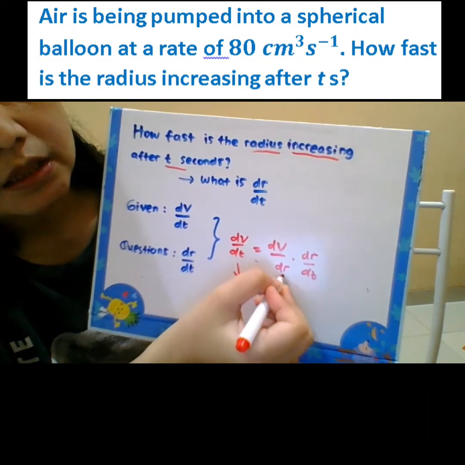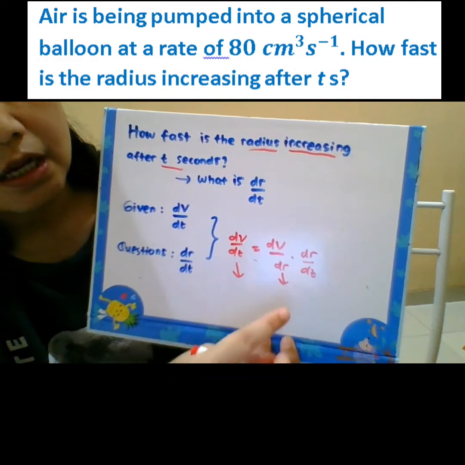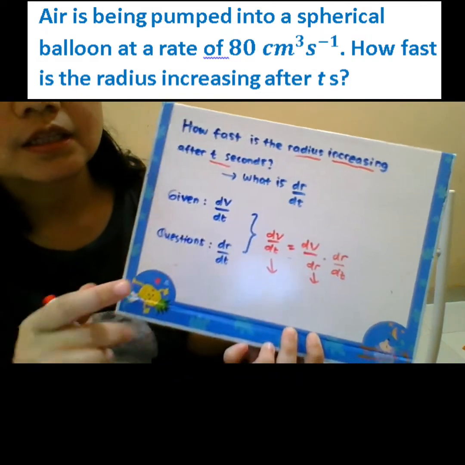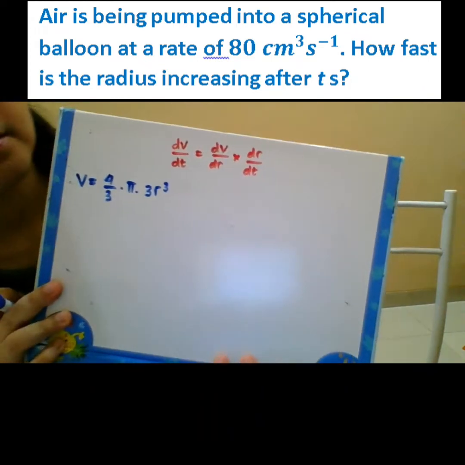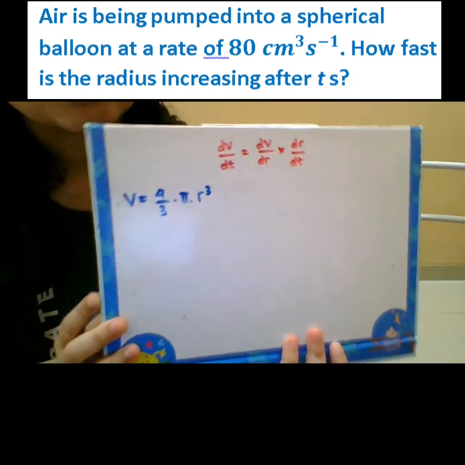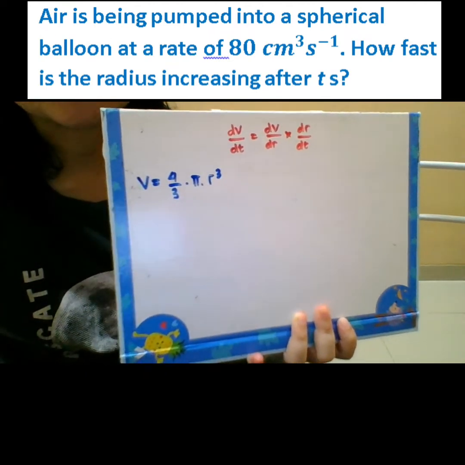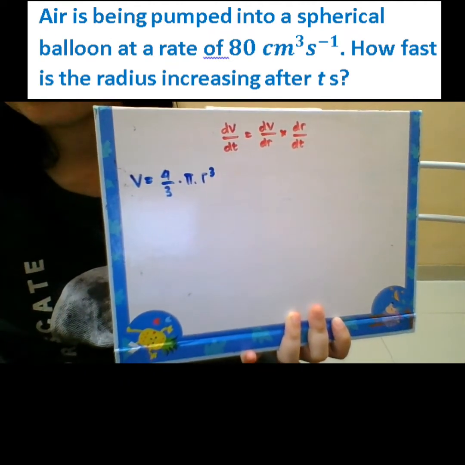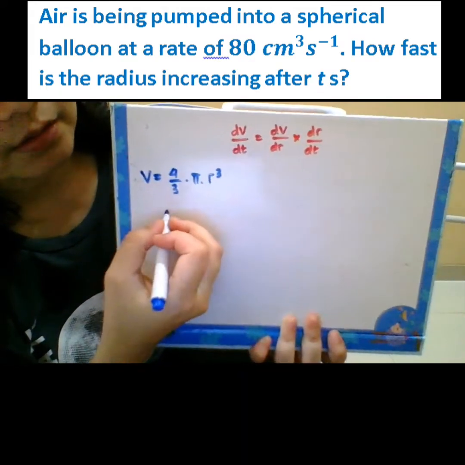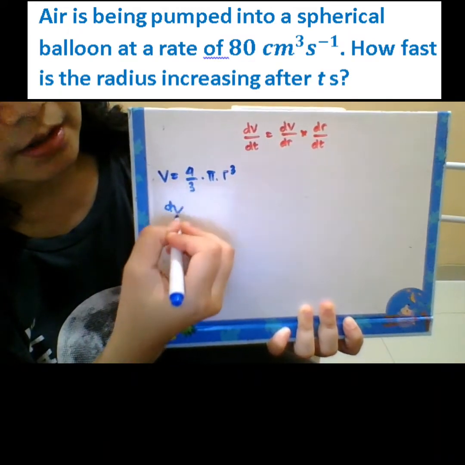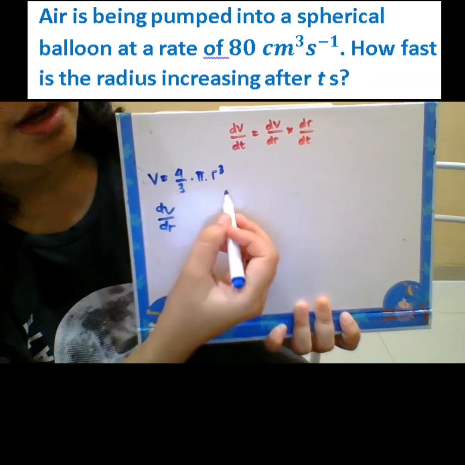This one means the derivative of the function v with respect to r, since we know that the volume of a sphere is given by the formula 4 per 3 pi r cube. So we can find dv per dr, because we have the function of v and r as the variable.